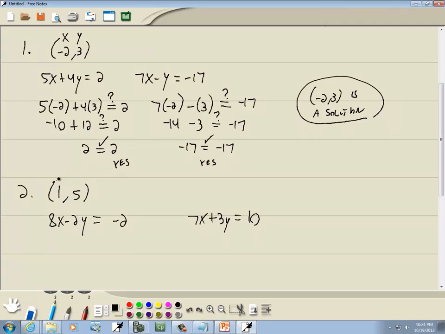Okay, so we're going to plug this in for x and plug this in for y. So we got 8 times 1 minus 2 times 5. We're wondering if that's equal to -2. Well, 8 minus 10 gives us -2, so we got -2 equals -2, so this one is yes, that is a solution.